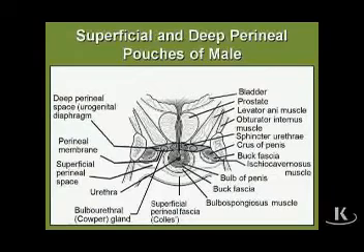What I want to point out on this slide is that the membranous urethra is passing through the urogenital diaphragm, and the urogenital diaphragm is an extremely stable structure. It is tightly adherent to the bony pelvis. We can see the attachment of the UG diaphragm to the bony pelvis here and there.